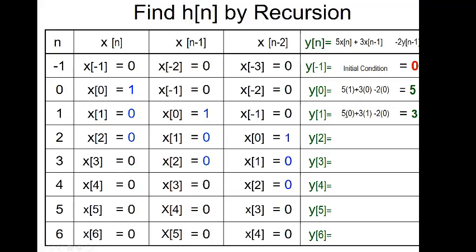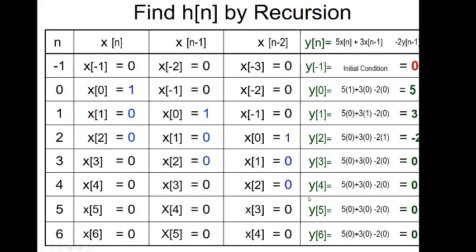And that gives us just the 3. And then we have 5 times 0 plus 3 times 0 plus 1 times minus 2, giving us minus 2. And then after that, we don't have anything other than 0 contributors. So all the rest of those outputs for our unit sample sequence are going to be 0.